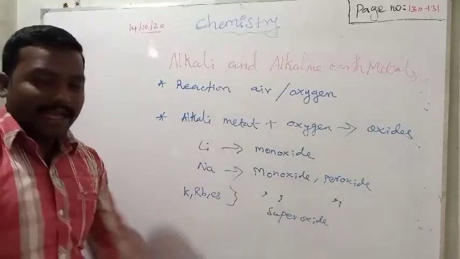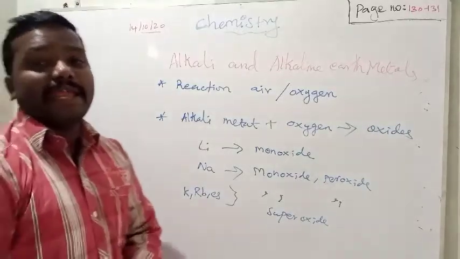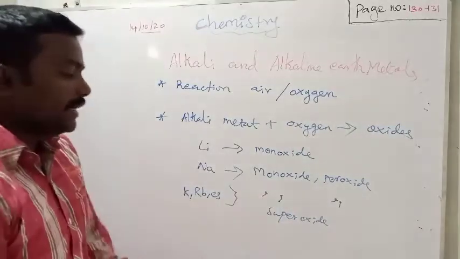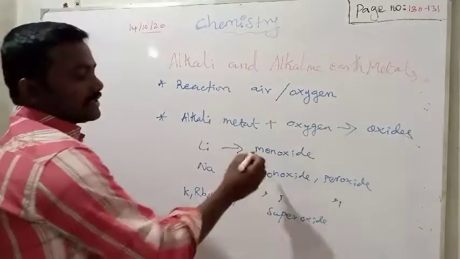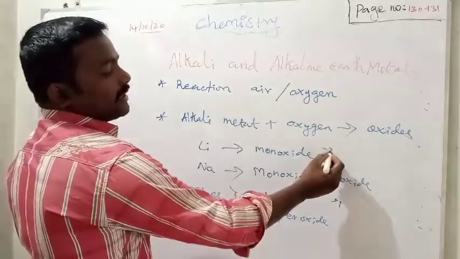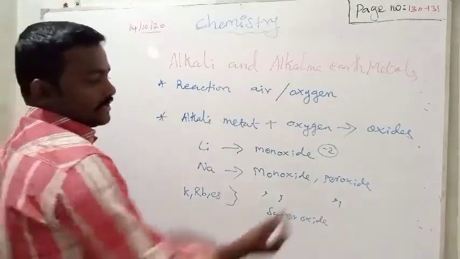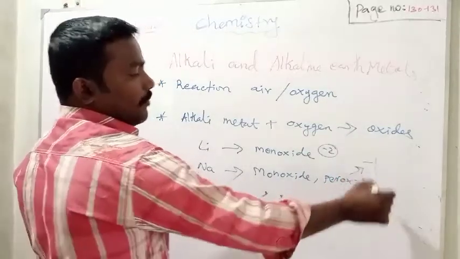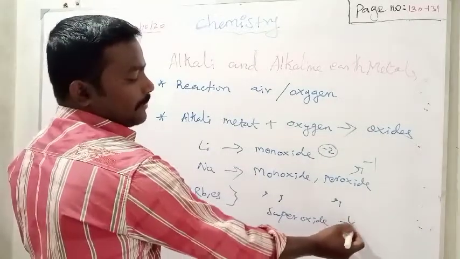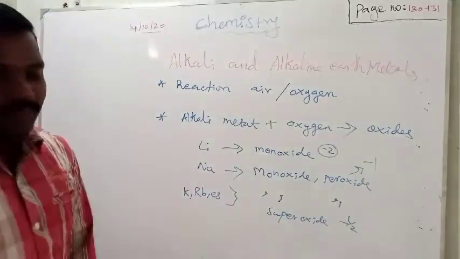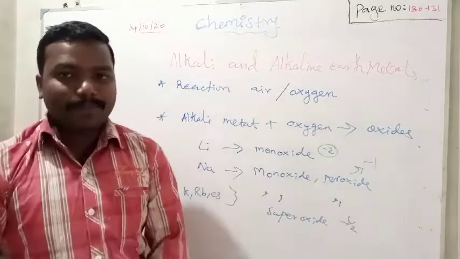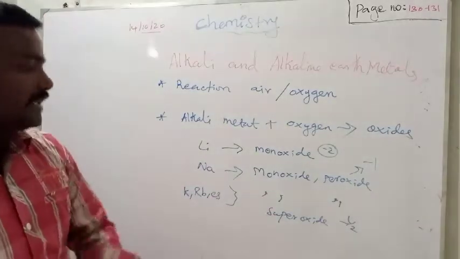How will you differentiate monoxide, peroxide and superoxide? When the oxidation state of oxygen is -2, that is called monoxide or normal oxide. Peroxide has -1, and superoxide has -1/2, or sometimes +1/2.